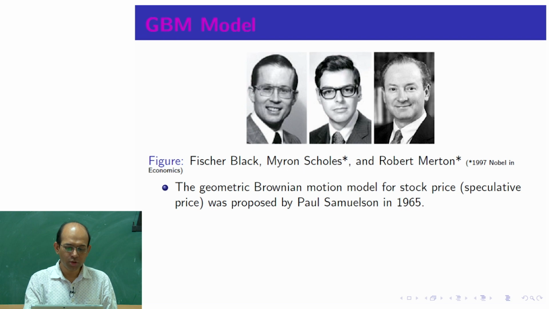This geometric Brownian motion was actually proposed by Paul Samuelson in 1965 to model stock price. So, it is nearly 65 years after the work of Louis Bachelier. Louis Bachelier tried to use just Brownian motion, and then geometric Brownian motion was proposed by Paul Samuelson in 1965.